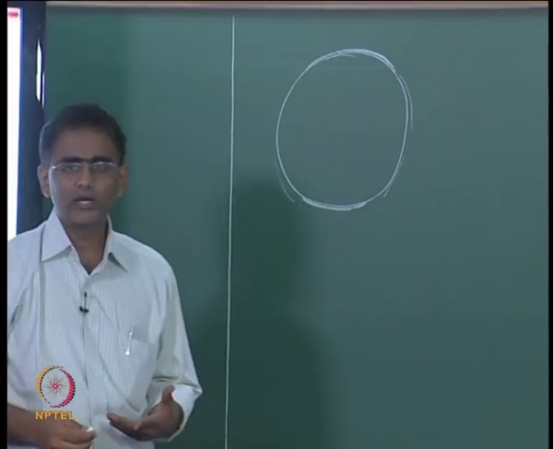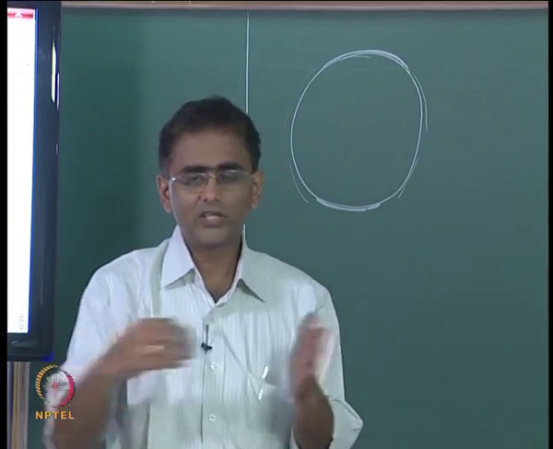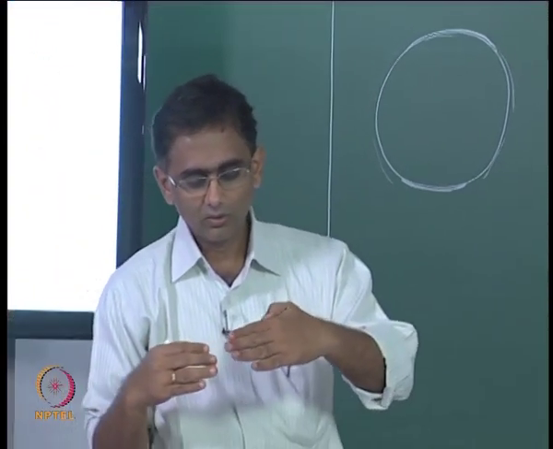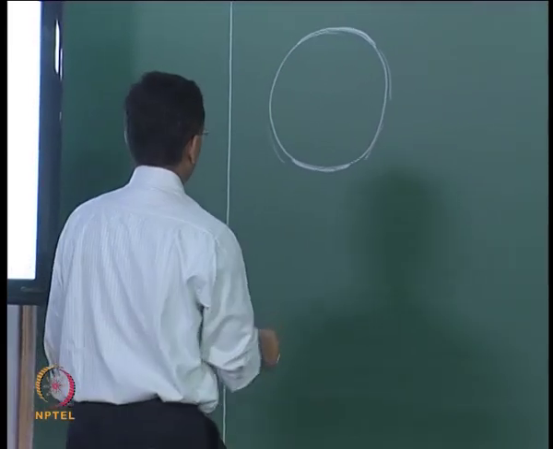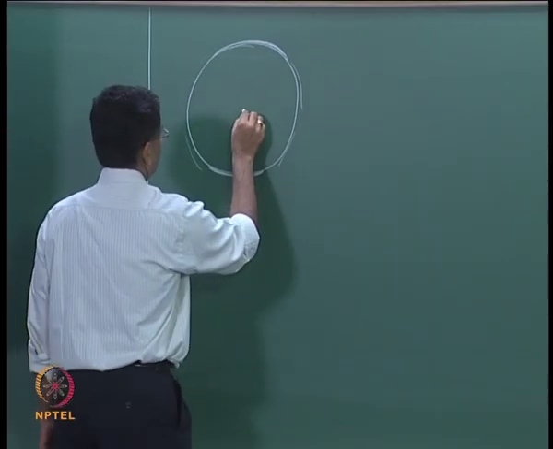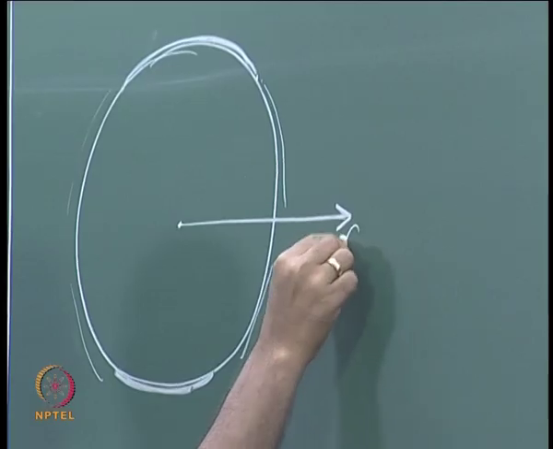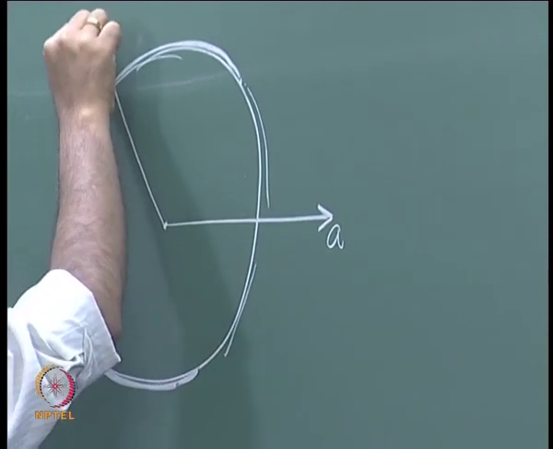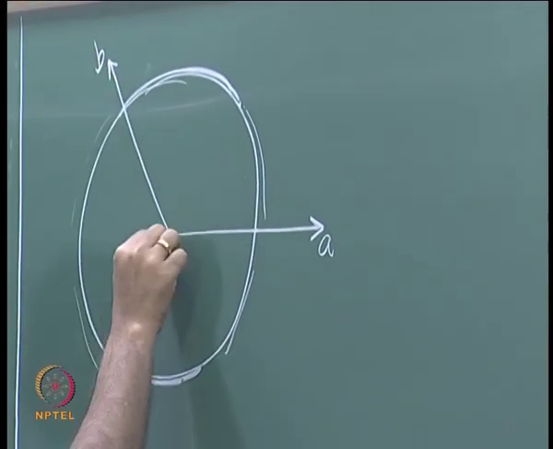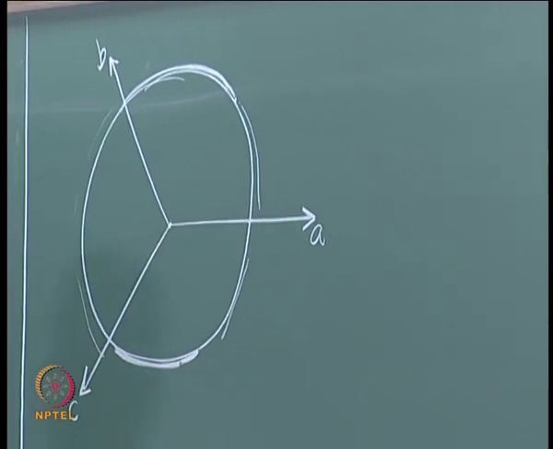What we do, as we have been doing before, we draw spatial axes in order to describe the axis of each phase, and so the A phase winding would have an axis here. So this is the A phase axis, and then you have the B phase axis, and then the C phase axis.